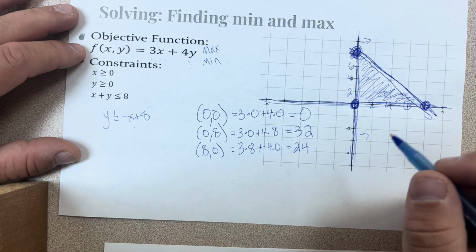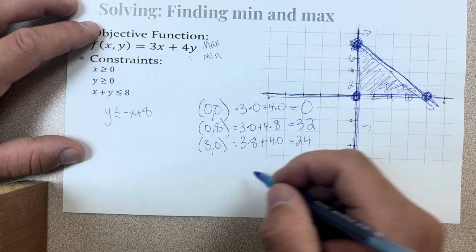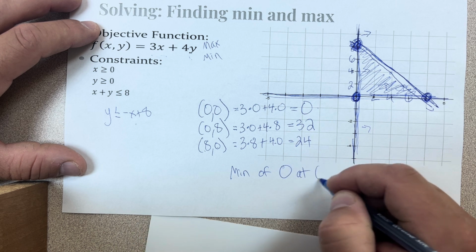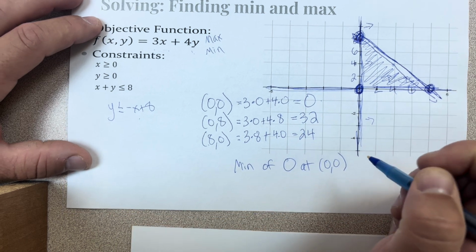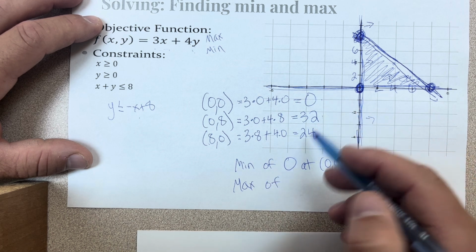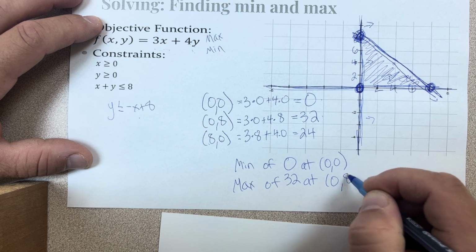So now how do we answer our question? Well, which one is the smallest value? 0. So we could say we have a minimum of 0 at the point 0, 0. And then our maximum, well, our biggest value we got was 32, and that occurred at the point 0, 8.